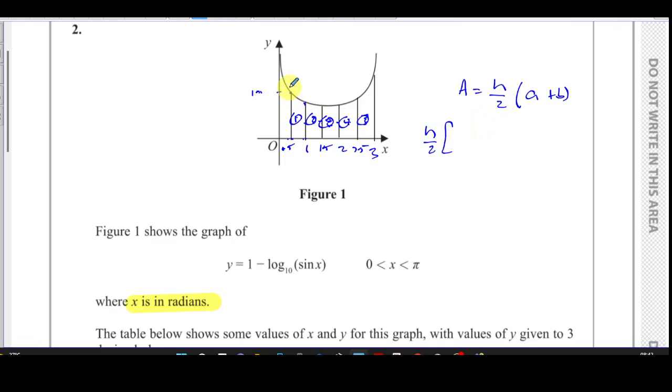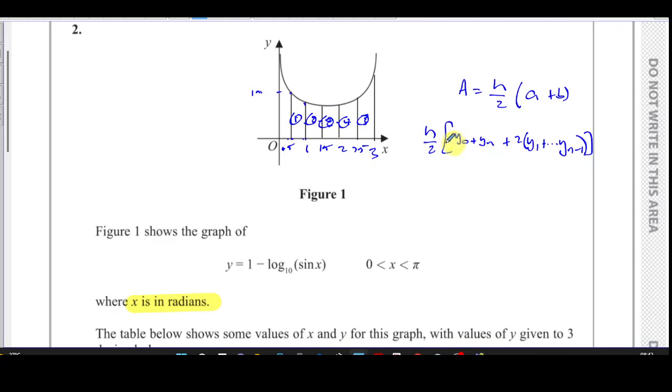If we call these y0 and yn, those are used once, and all the ones between them, y1 up to one less than the last one, are used twice.